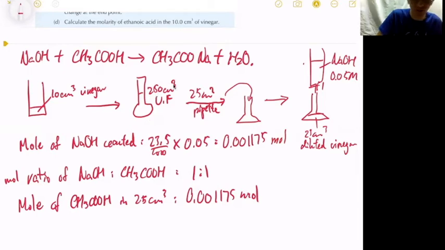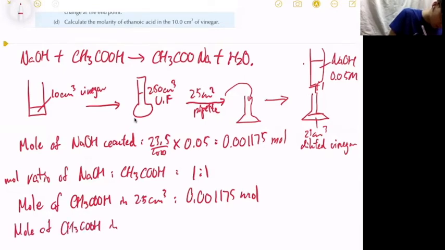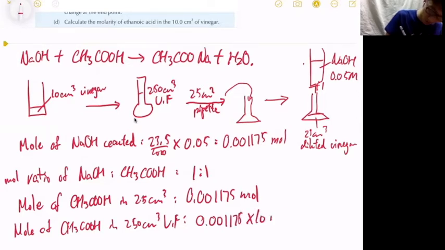Afterwards, what we need to do is to find out the number of moles of ethanoic acid inside the 250 cm cube. Since we only withdraw 25 cm cube from the volumetric flask, the number of moles of ethanoic acid in the 250 cm cube volumetric flask will be 0.001175 times 10, so we will get 0.01175 mole.